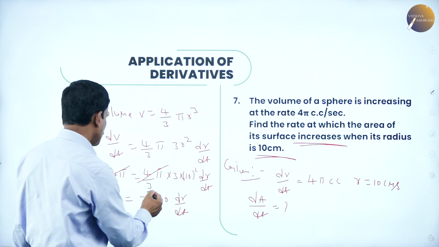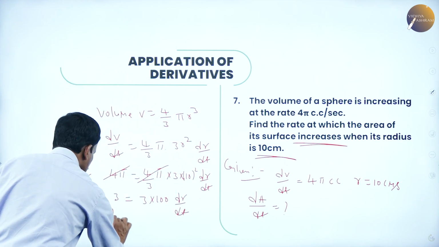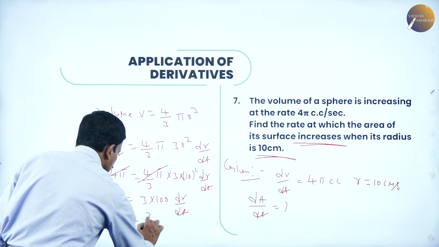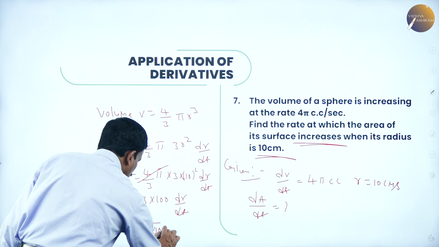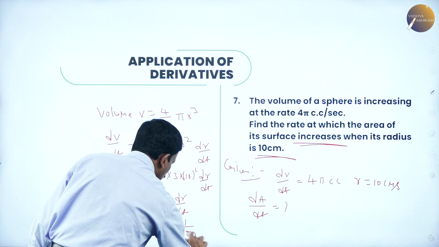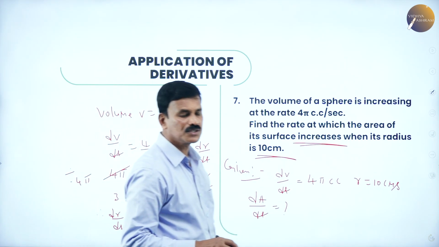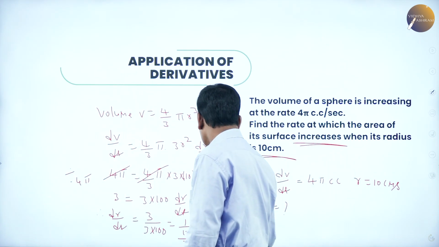Therefore dr by dt is equal to 3 divided by 3 into 100, that is nothing but 1 by 100. dr by dt is 1 by 100. What is the unit? Centimeters per second.